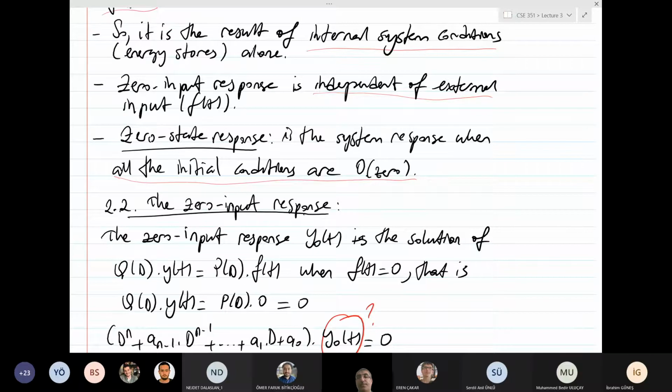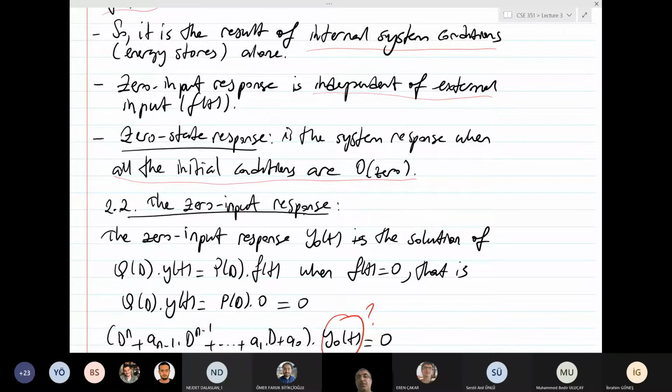We are canceling all these internal initial conditions so that we can see the effects of only the input signal on the system. In the zero input response, remember guys, we were canceling the input and we see the effects of the internal conditions. Now we are doing the opposite. We are canceling the initial conditions, making them zero, in order to just see the effects of the input signal.